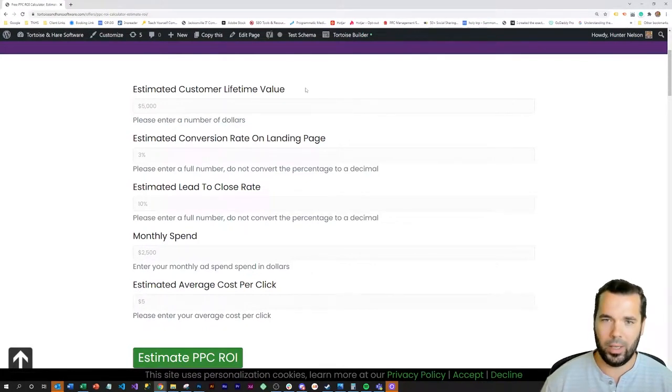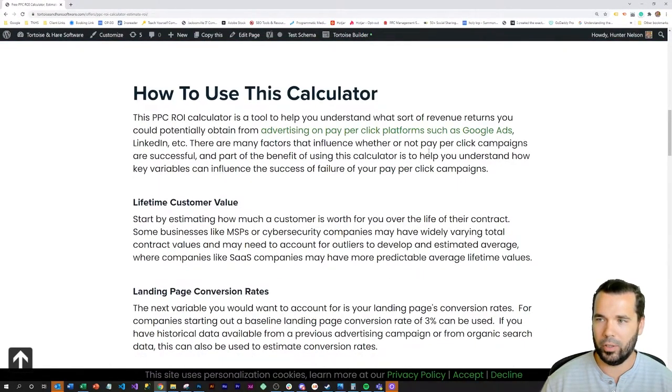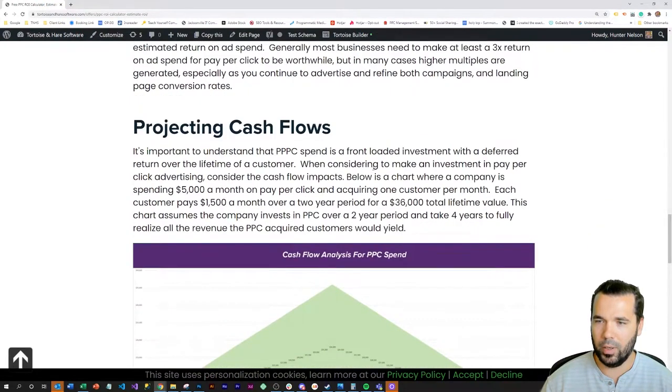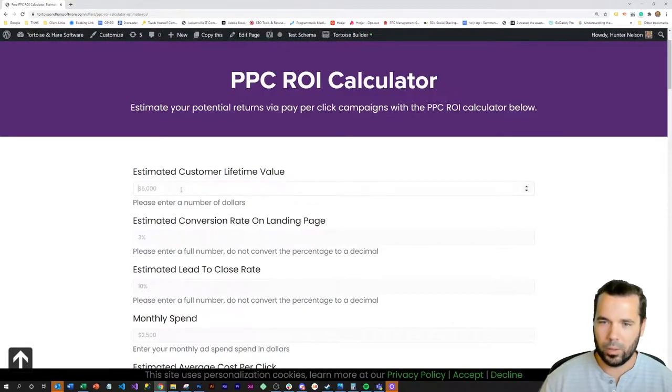So let's say they're a $1,500 a month customer and they stay with you for 2 years. That's a $36,000 total lifetime value. So let's just put a 36,000 lifetime value in. And this is actually a realistic number for an MSP or a local IT company.